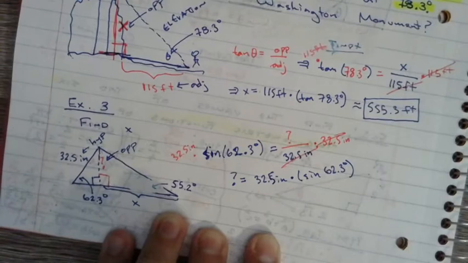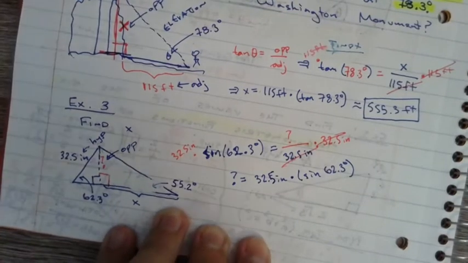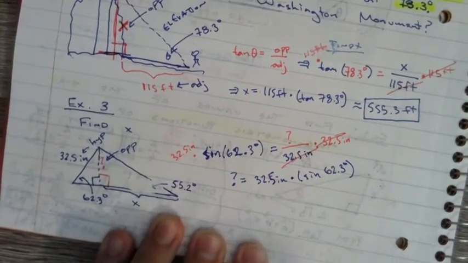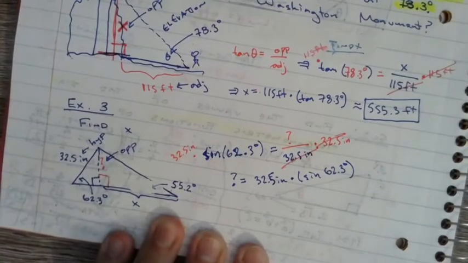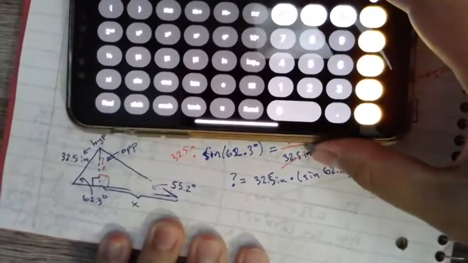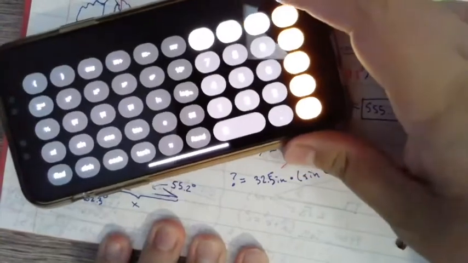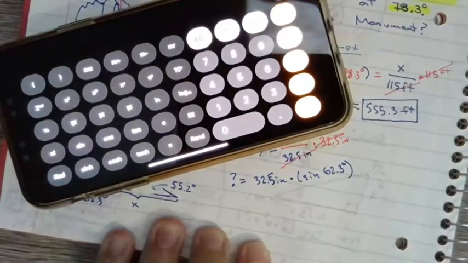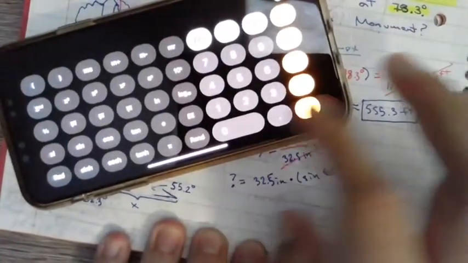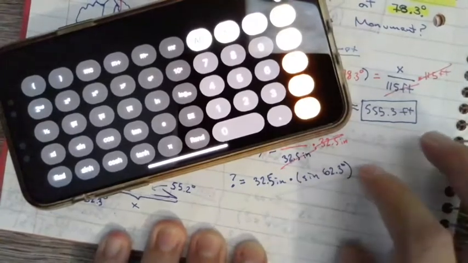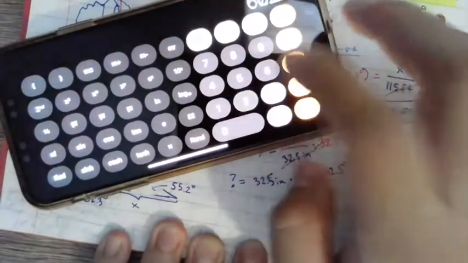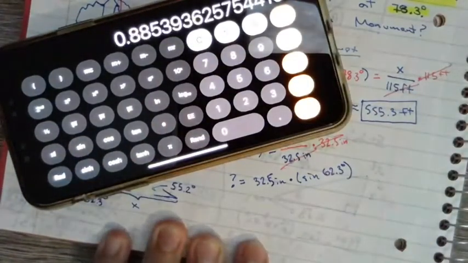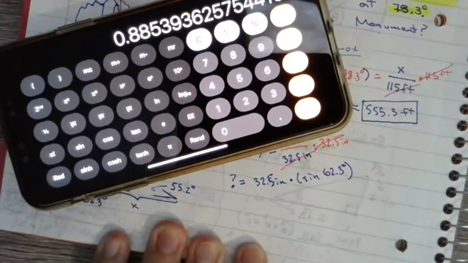Okay. Now, again, I'm going to input it into my calculator. Make sure that it's in degrees and not radians. I'm going to first take the sine of 62.3. So 62.3, take the sine of that. That gives you 0.885.